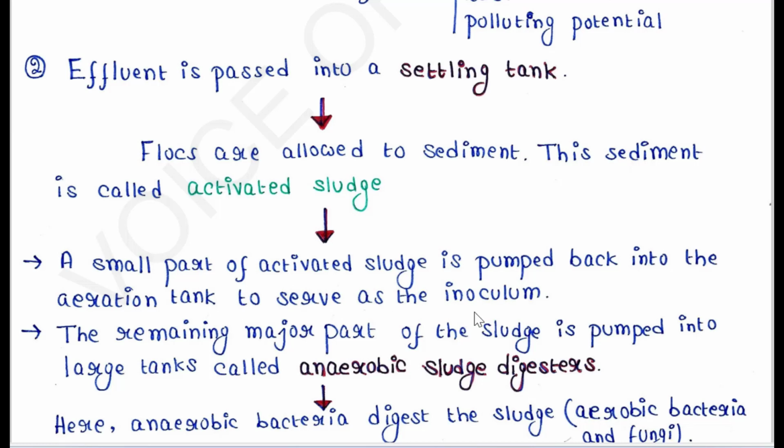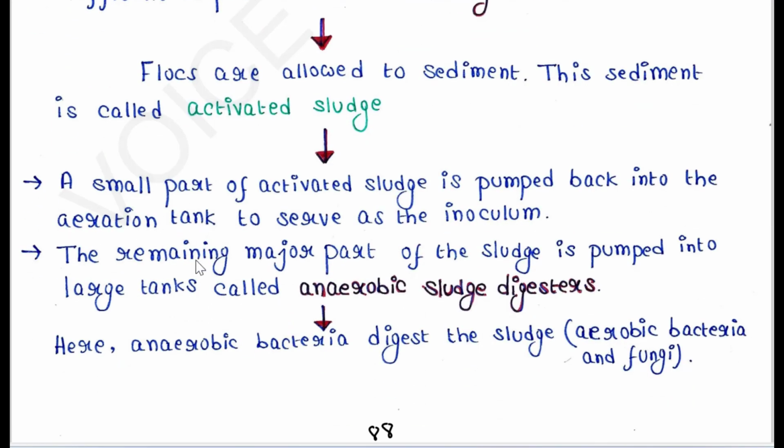Why? Since we already know that the aeration tank contains a small amount of bacteria and fungi, that is the aerobic microbes, from activated sludge those are pumped back into the aeration tank for the next cycle.